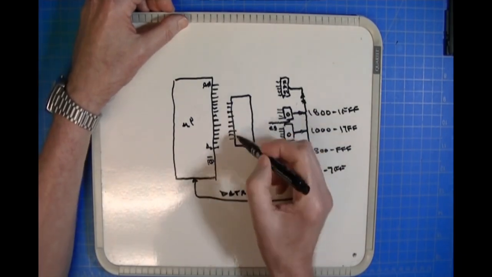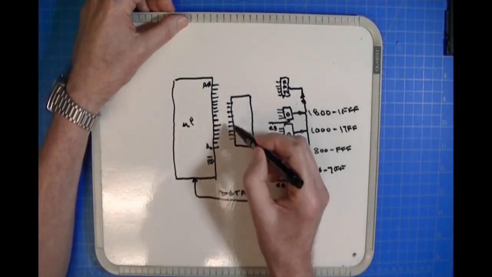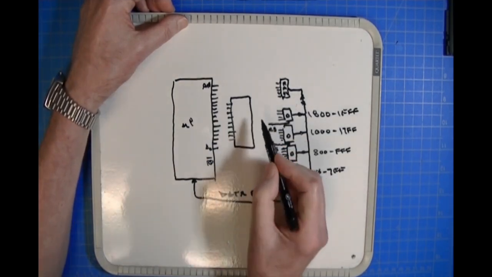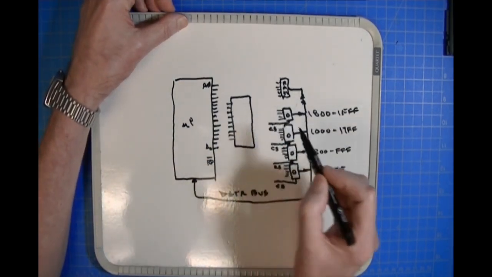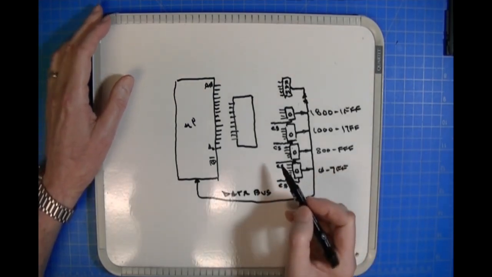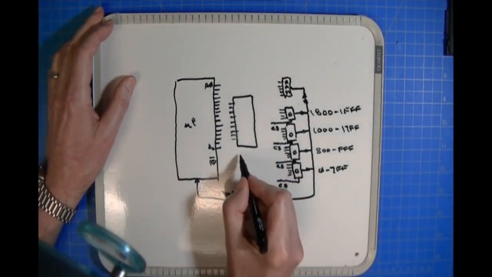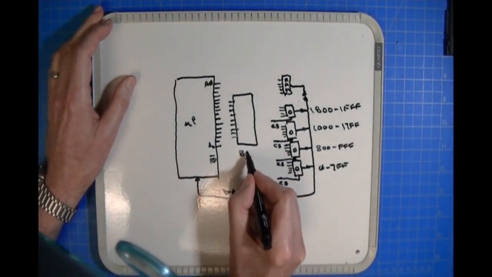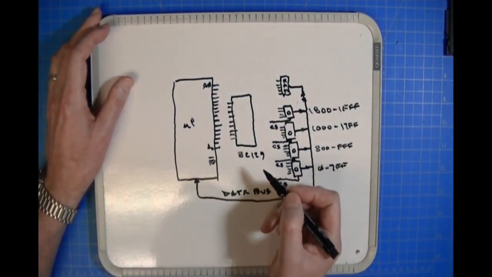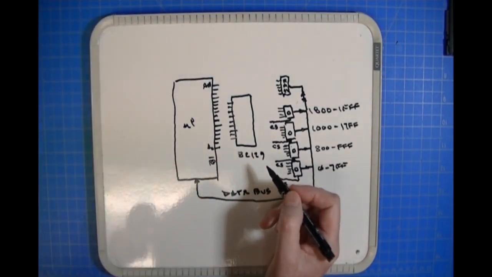But when the corresponding bit pattern was on the address lines of the bipolar PROM, then the bipolar PROM, let's say that this is, what's one that you guys might recognize? Let's say this is an 82S129, okay?